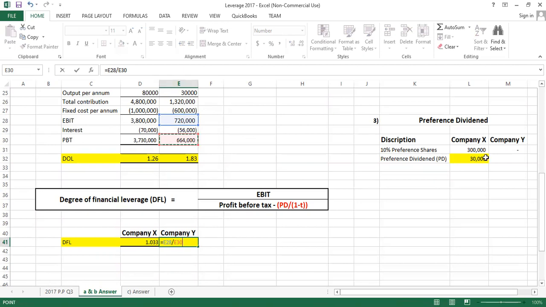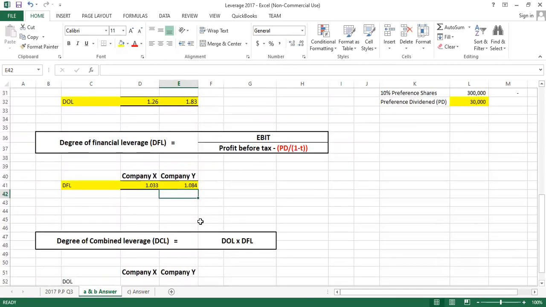Company Y has no preferred dividend detail given, so the preferred dividend divided by 1 minus T we don't consider when we calculate the company Y financial leverage. So company Y financial leverage is 1.084.